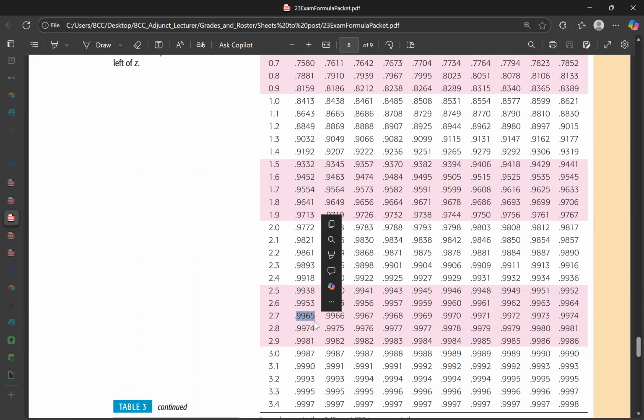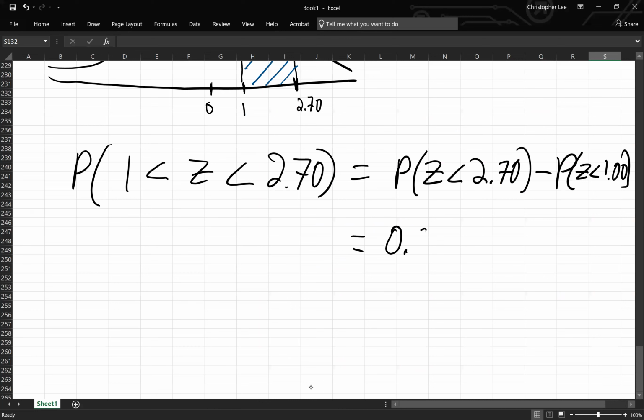Exactly. That changes the 2.70 into a 0.9965. That's it. So this is 0.9965. Then I'm going to subtract from it.